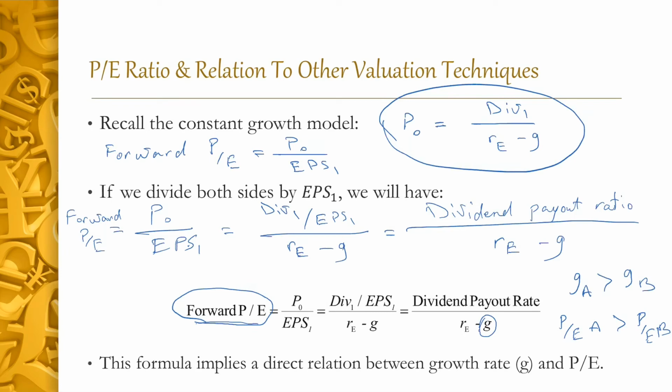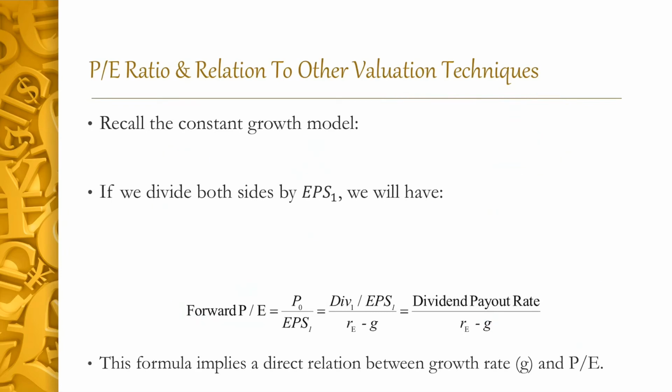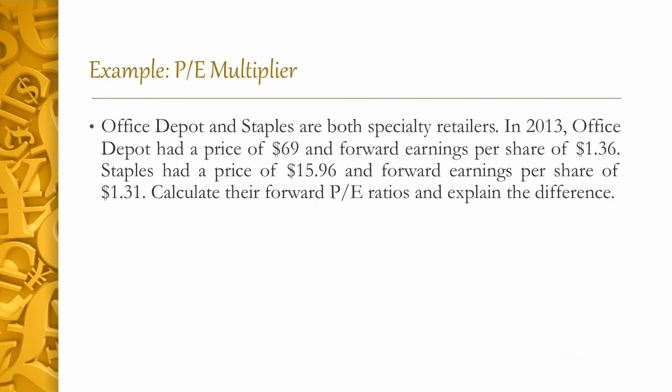Let's see an example here. Office Depot and Staples are both specialty retailers. In 2013, Office Depot had a price of $69 and forward earnings per share of $1.36.